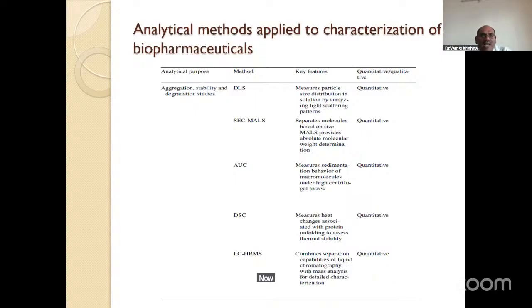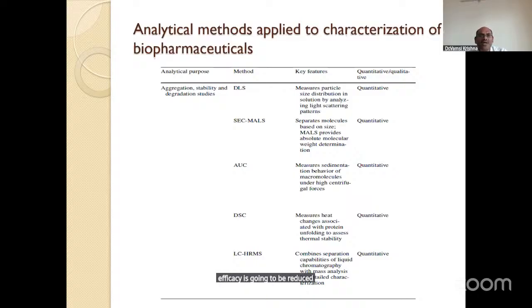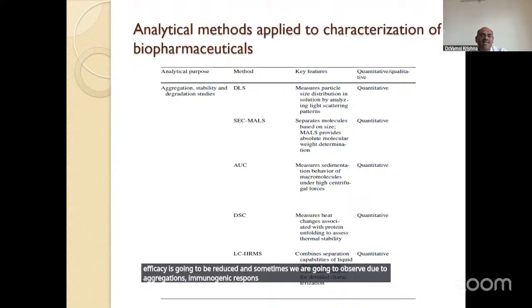Now coming to another important key attribute: aggregation, stability, and degradation. These are key attributes we are going to analyze by means of analytical techniques. Due to aggregation, our biopharmaceutical's activity and efficacy are going to be reduced, and sometimes we observe unwanted immunogenic reactions.